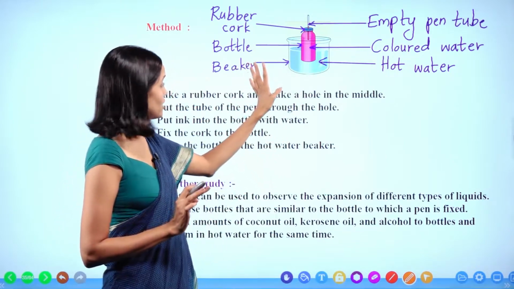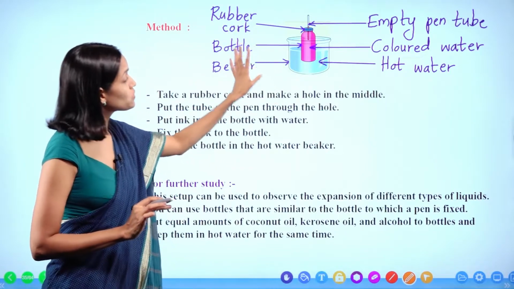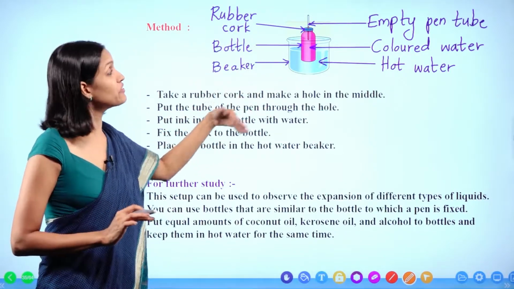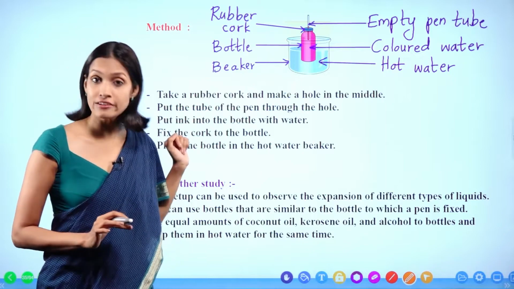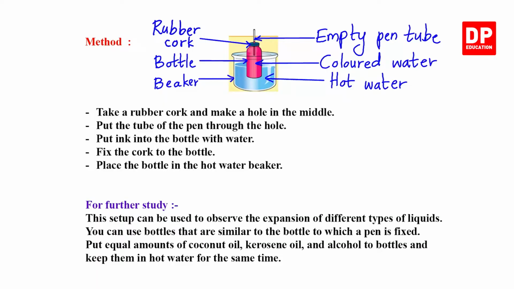Okay. Now, to understand this better, we are going to do the same activity with different types of liquids. Here, for further study, this setup can be used to observe the expansion of different types of liquids. Right? You can use bottles similar to the bottle to which a pen tube is fixed.